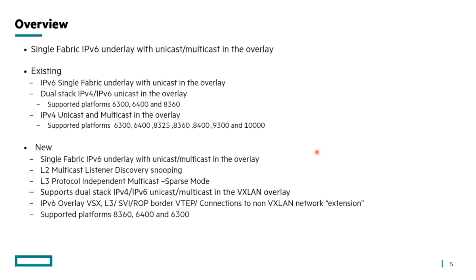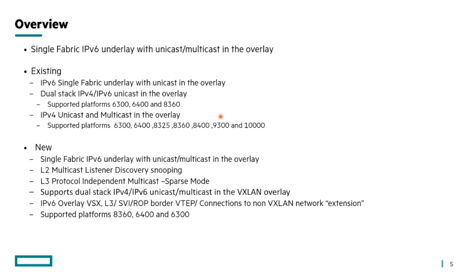Okay, so what have we got existing? And I've covered some of this already, but in 10.11 we introduced a single fabric IPv6 underlay supporting unicast. So that really meant from previous features we have now dual stack IPv4 and IPv6 unicast in the overlay, and the platforms that were supported at 10.11 were the 6364 and 8360.